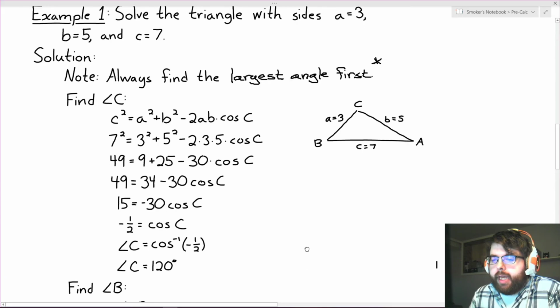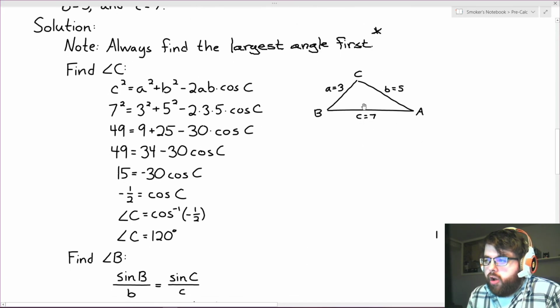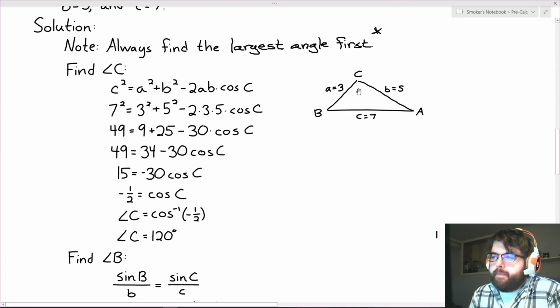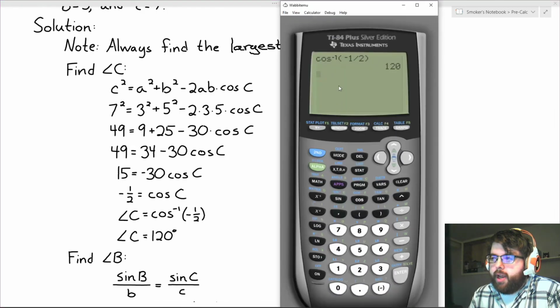To find B, we can now use law of sines because we found C. Here's why it was very helpful to find the largest angle first. Cosine isn't going to have the same issue that inverse sine had.